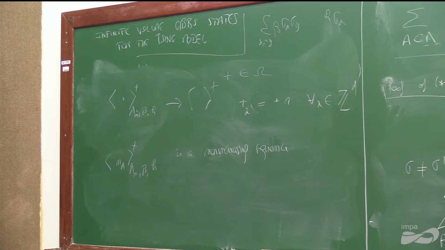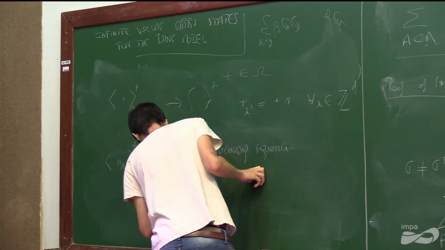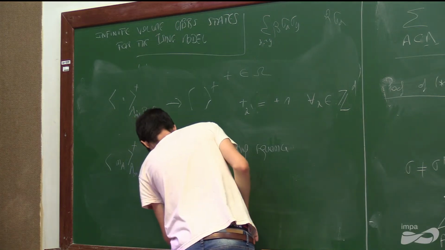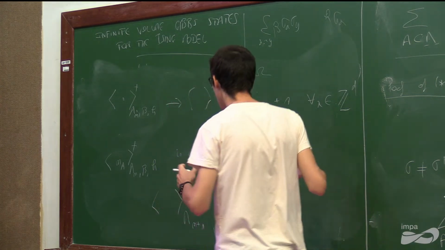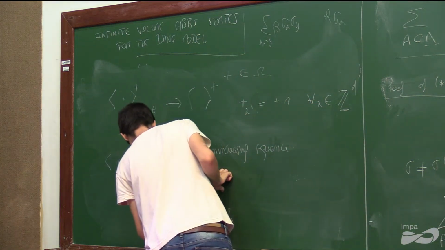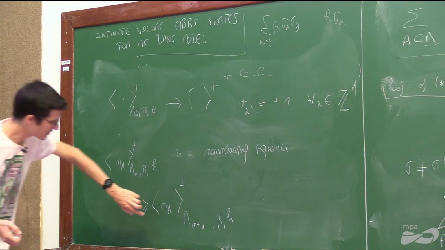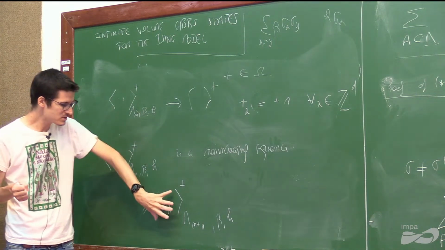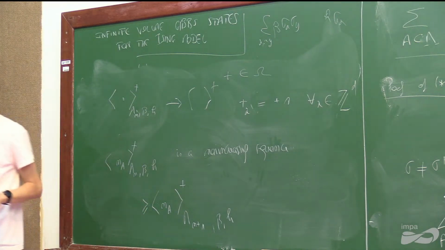So now the idea is that if I have something in a larger box, I want to say that I will have less. NA is just the probability that everybody is plus in A. Now I can look at this.